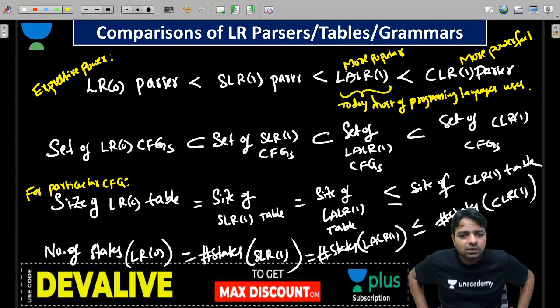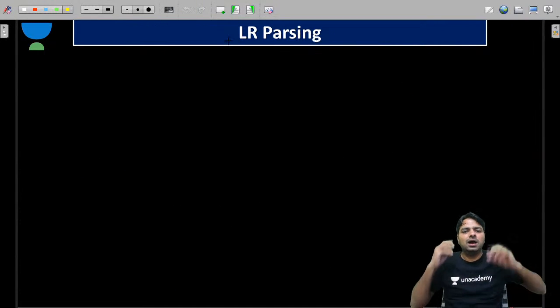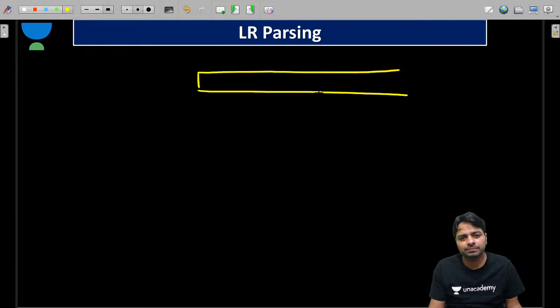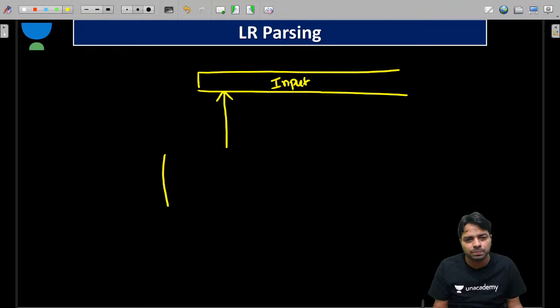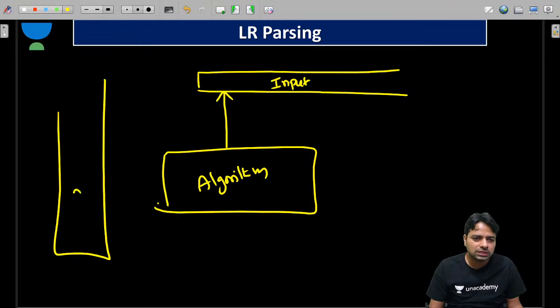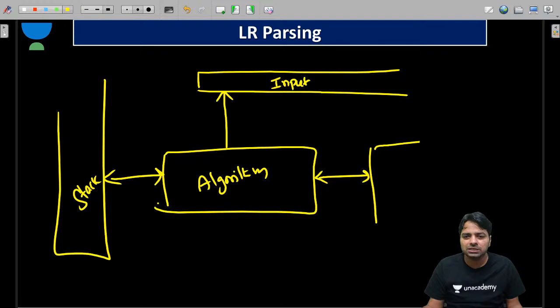All right, now I have LR parsing I want to build, guys. You know the concept. We have input here. This is our input, and we need to build the algorithm, and we should use this stack to understand, and we must have a table.